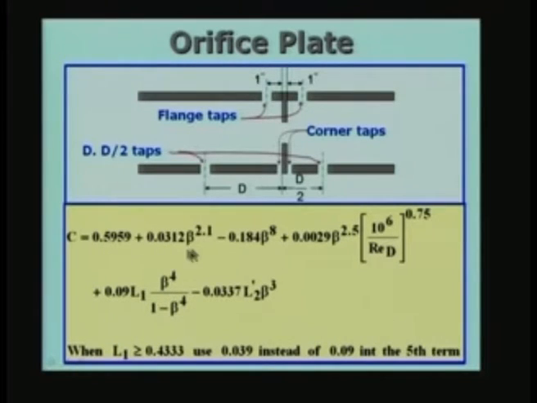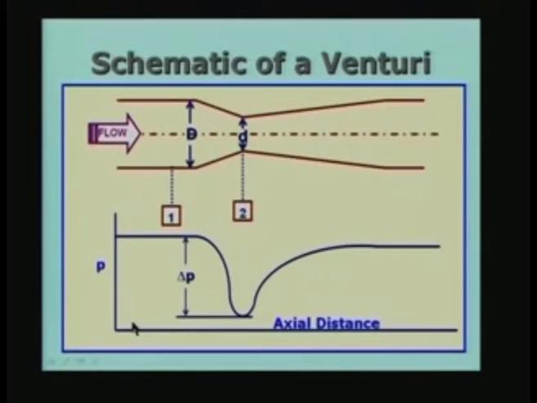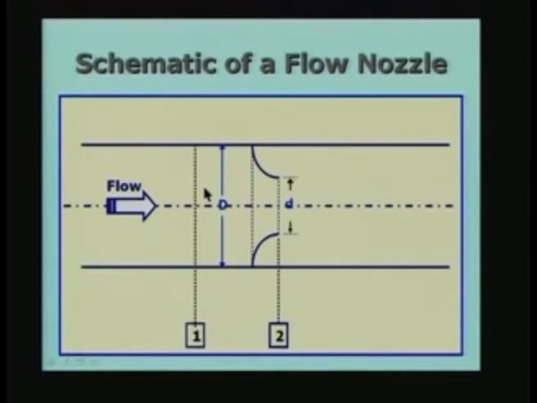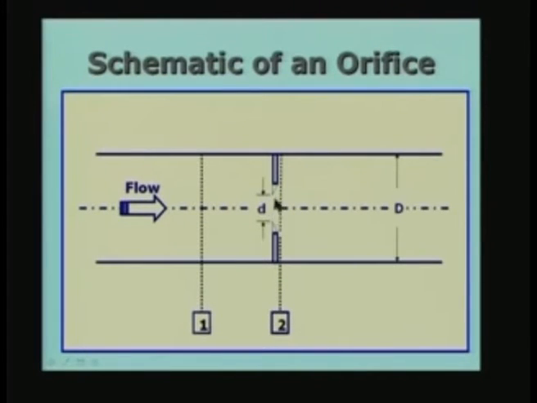One, it depends on what is called beta. Beta is the ratio of the diameter of the orifice to the diameter of the pipe, lowercase d divided by capital D, that is your beta. You can see here d and D, that ratio d divided by capital D is called the beta.